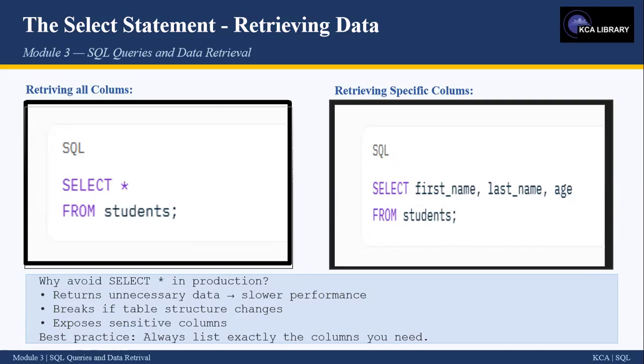But in real life, it is much better to retrieve specific columns only, like select first name, last name, age from student. This query will retrieve the specific columns first name, last name, and age from the student table.